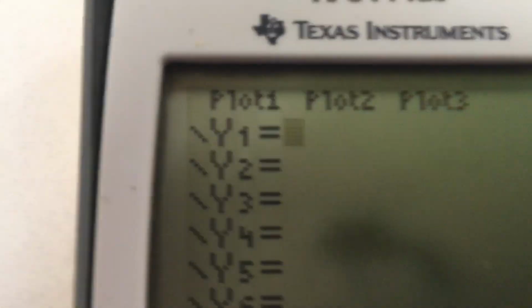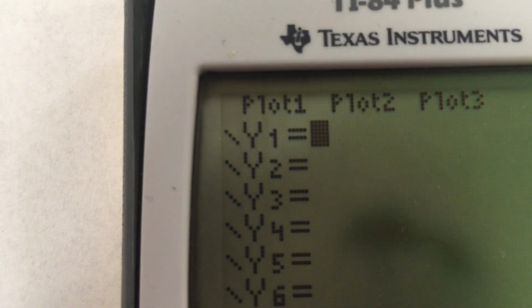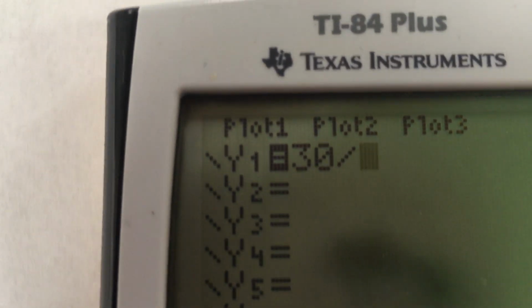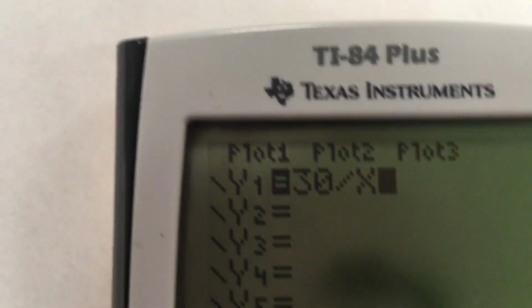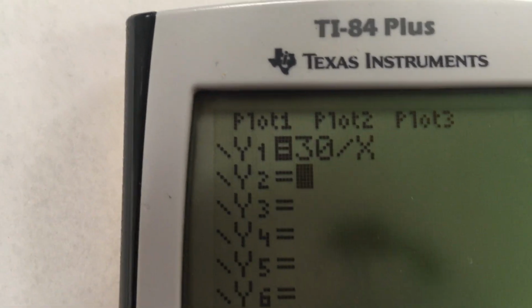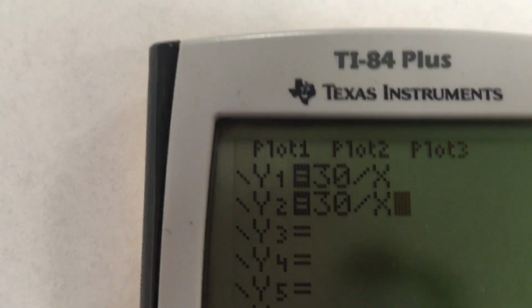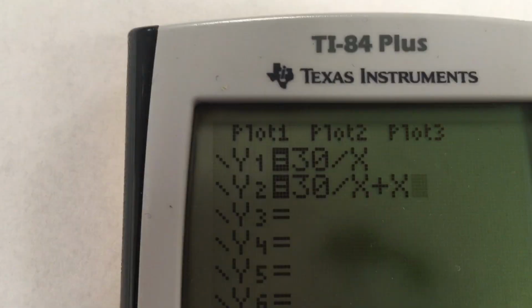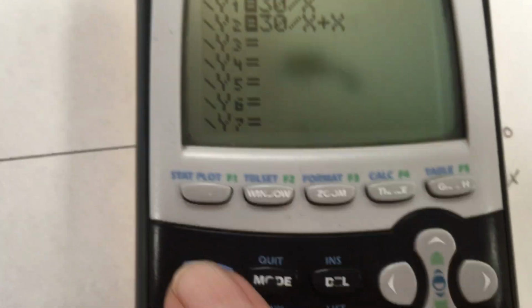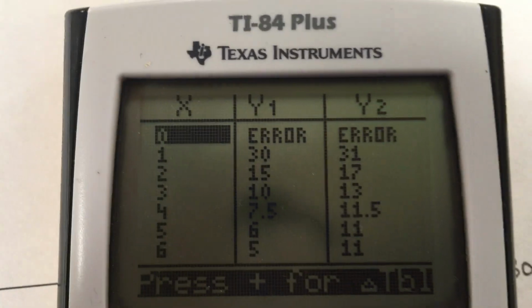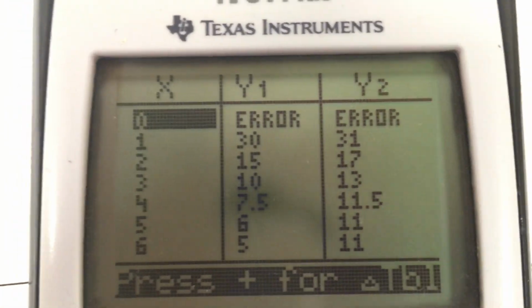So y1 is 30 divided by x. y2 is 30 divided by x plus x. I again hit second and the graph button so I can see the table. And then there's our table right there.